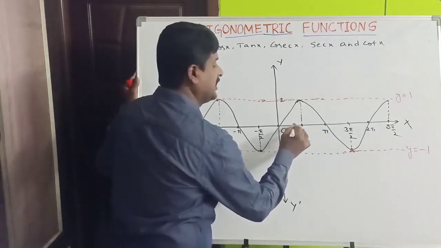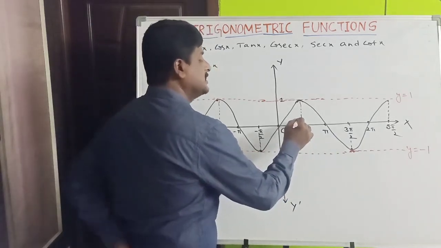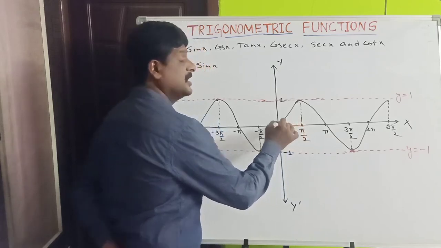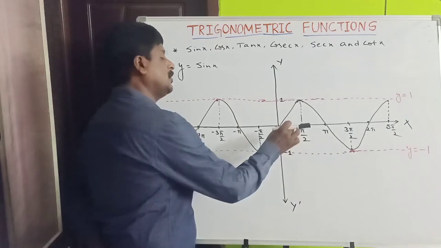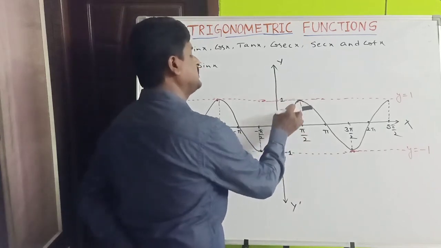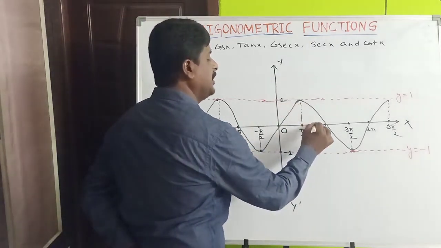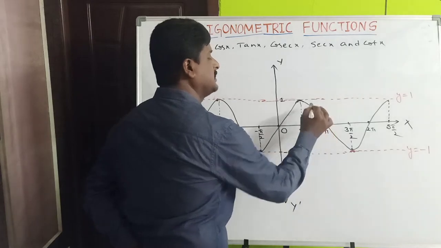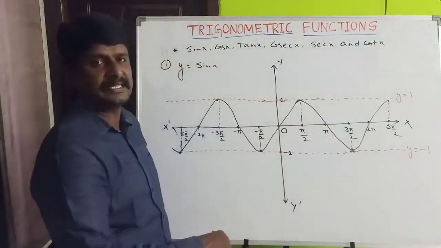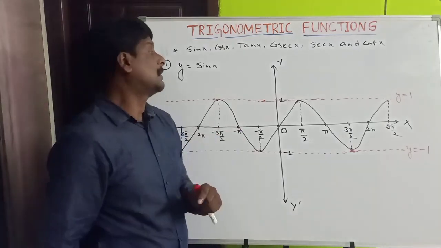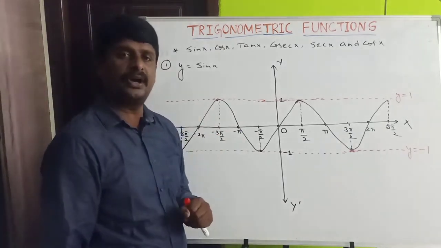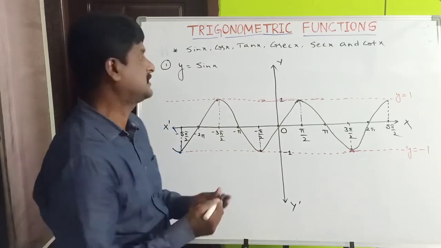But before 90 we can see known angles like 60, 45, 30, 75 etc. For all those values also the graph exists. So whichever value on the x-axis you consider, the corresponding sin x value will definitely exist. So that's why sin x is defined for all real values of x.